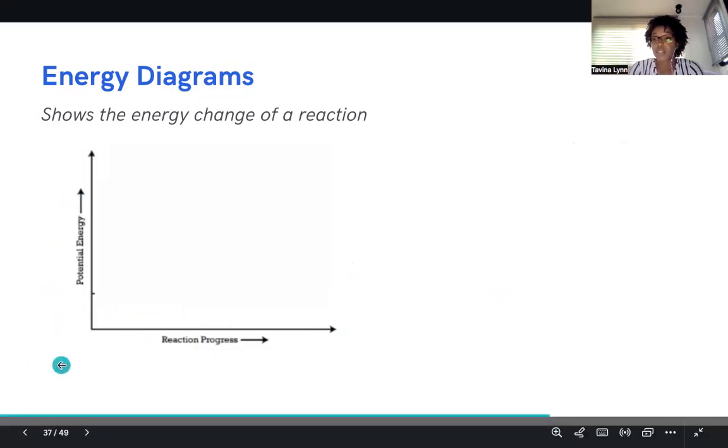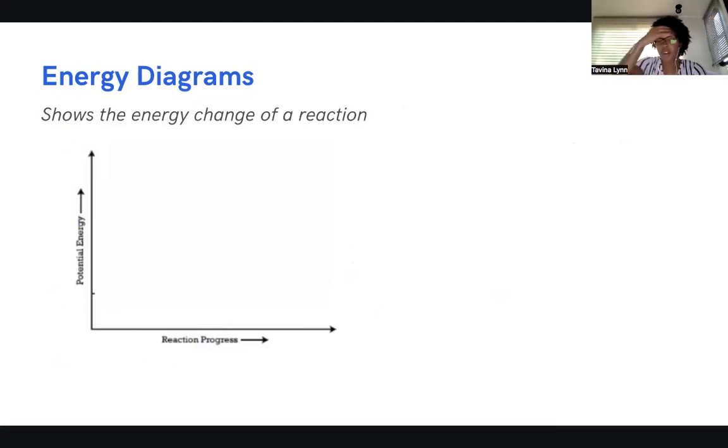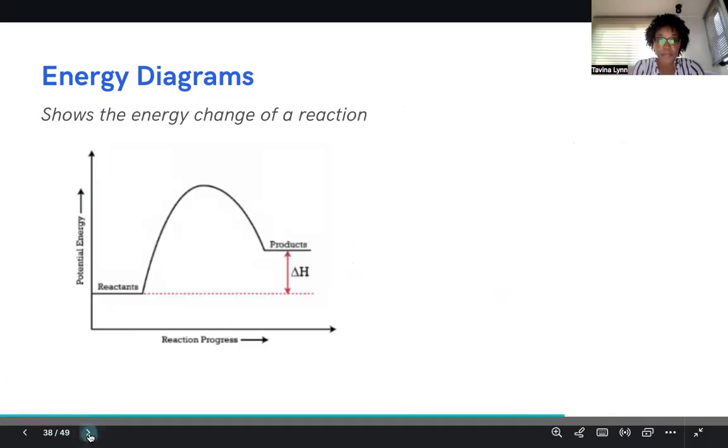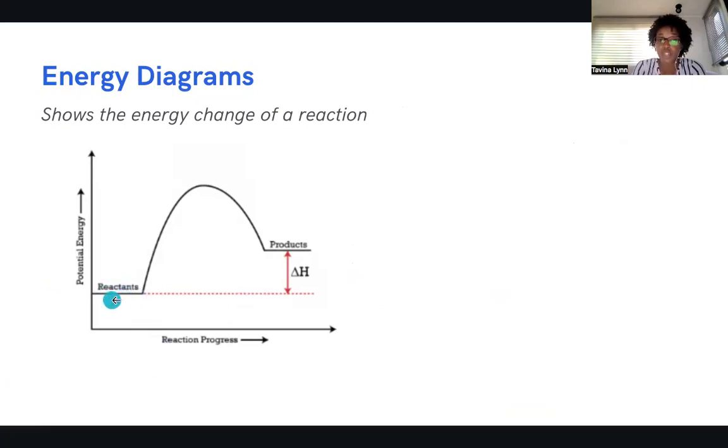From this energy diagram we get a lot of information, but for now, what we'll focus on is that it can tell us the change in energy as we progress through the reaction. Here is an example of a reaction where our reactant starts at a lower potential energy, and once it progresses to products, it increases in energy.